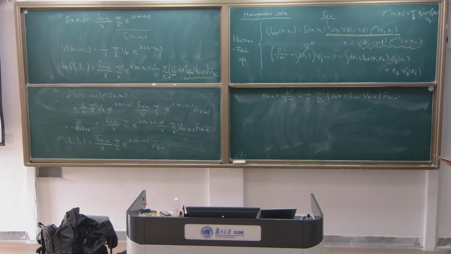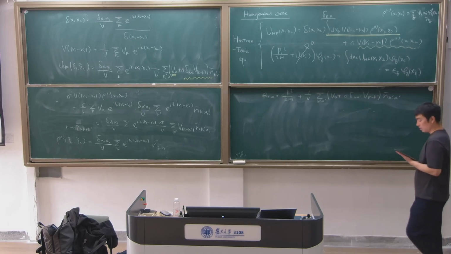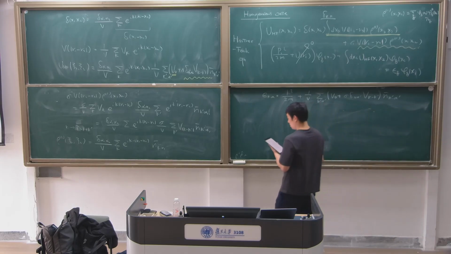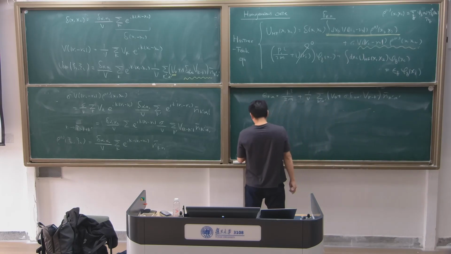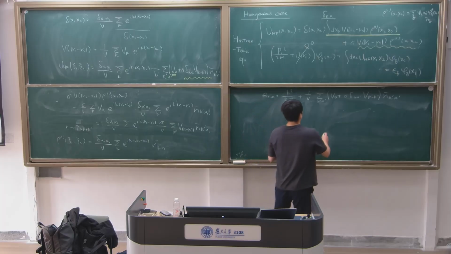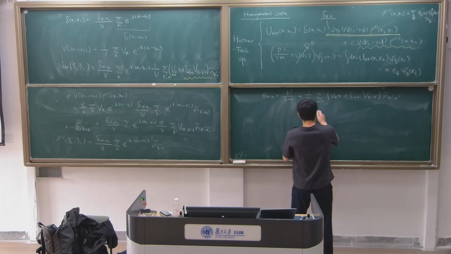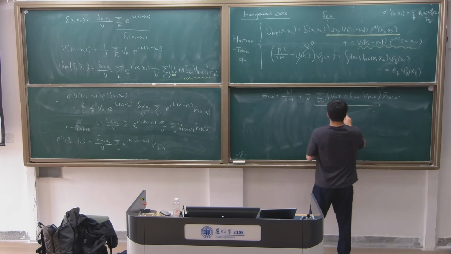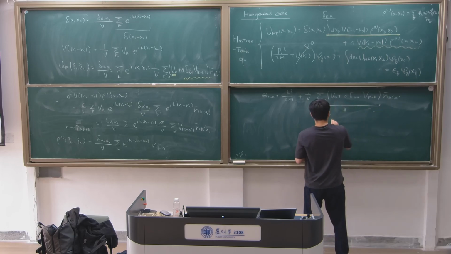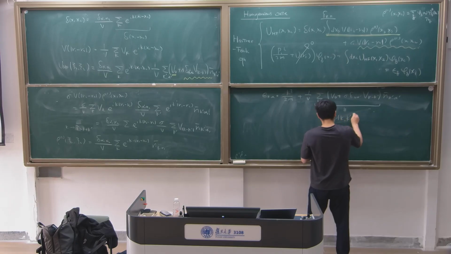Plus what you get from this line. And if you try to linearize the outcome, I call this one k, this is the f alpha prime, and the k prime.